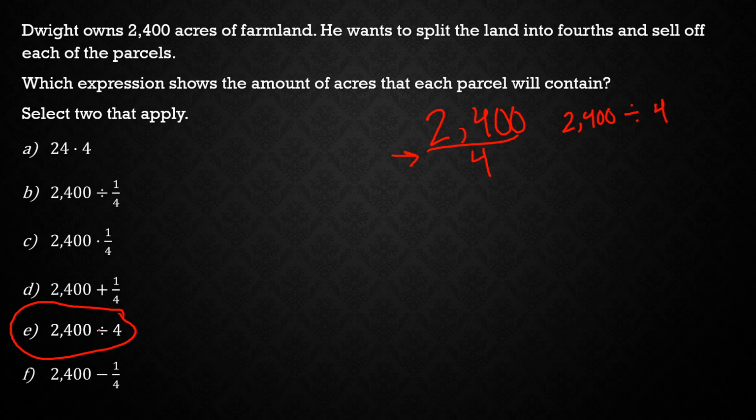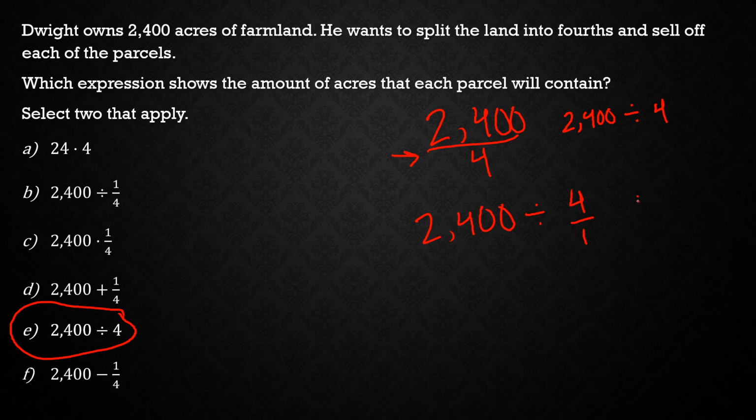Remember that when you are doing division, even though I don't have a fraction, I could make 4 into a fraction, right? And I could put it over 1. Anything over 1 is itself.